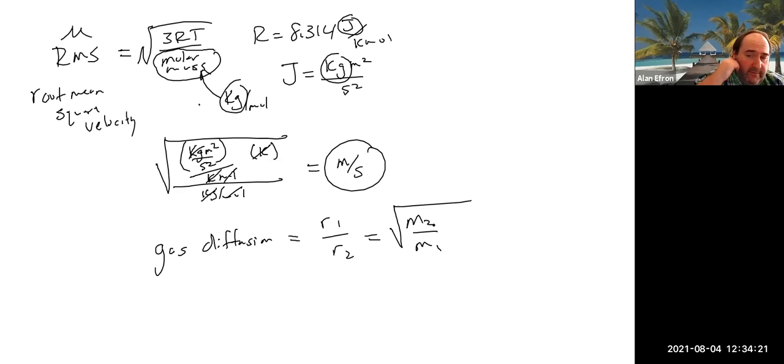Or if we know the molar mass of two gas molecules and how fast one is moving, we could figure out the rate at which the other gas is moving. But remember, a lighter gas molecule will be moving faster than a heavier one. And that's why we had that picture with HCl and some ammonium chloride, I think, right?